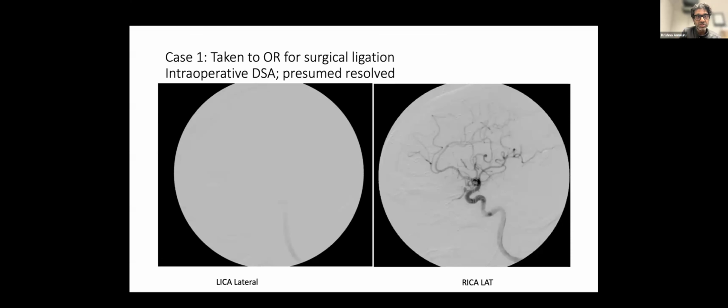So she was actually taken to surgery for surgical ligation, and the surgeon, as soon as he lifted up the left frontal lobe, immediately identified these varices, and he was unable to get a clip at the floor of the anterior cranial fossa large enough to encompass all 3 varices.